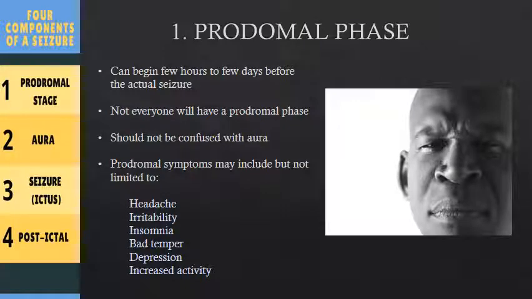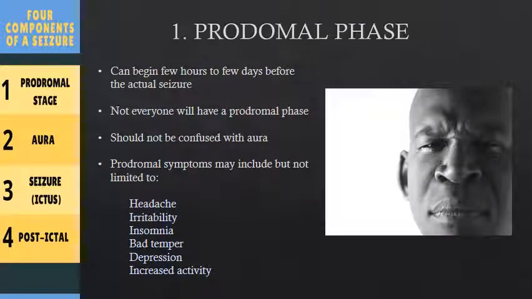Prodromal phase. This can begin a few hours or even a few days before the seizure happens. Not everyone has a prodromal phase, and it should not be confused with aura, which happens immediately before the seizure.